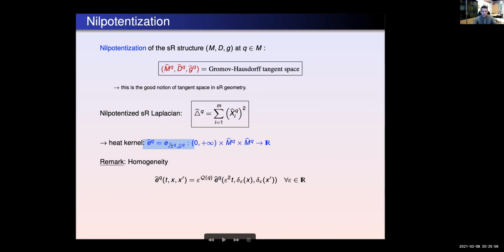All of that depends on q in a non-trivial way. By the way, we can notice that the nilpotentized heat kernel is homogeneous, but with respect to the dilations. You see here the obvious adaptation to the dilations of the usual homogeneity relation that you know in the Riemannian case.